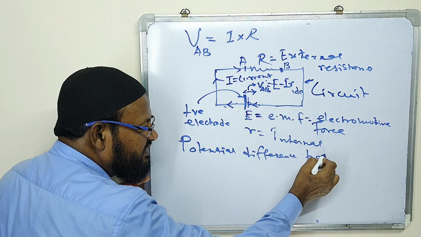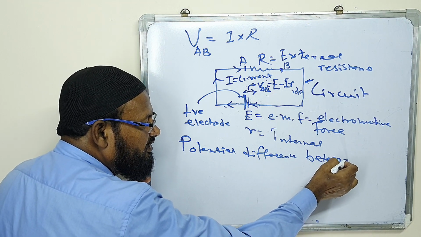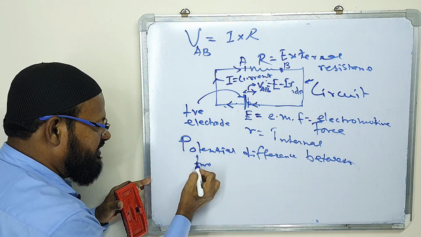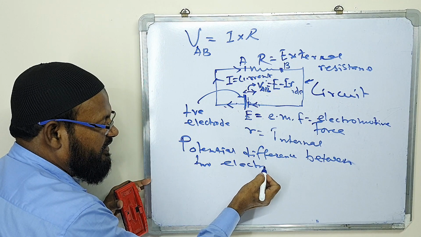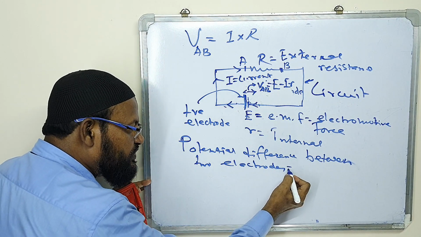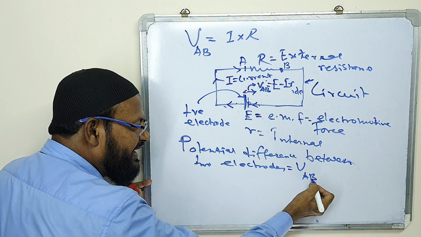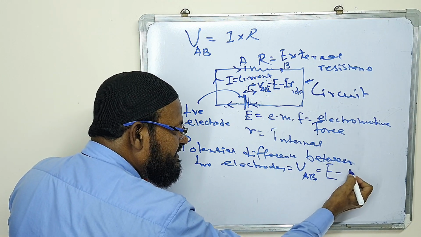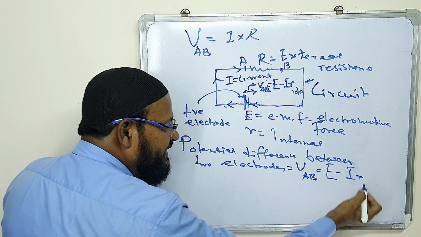That also equals VAB, and this equals E minus IR.